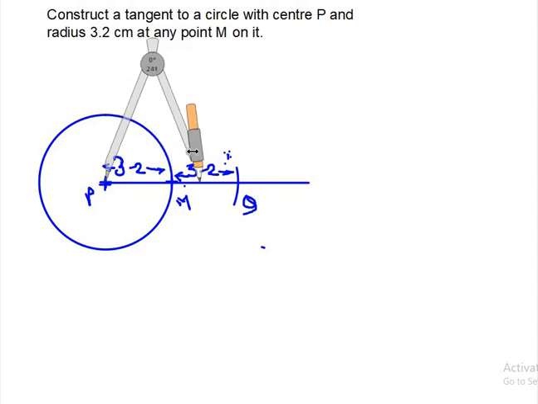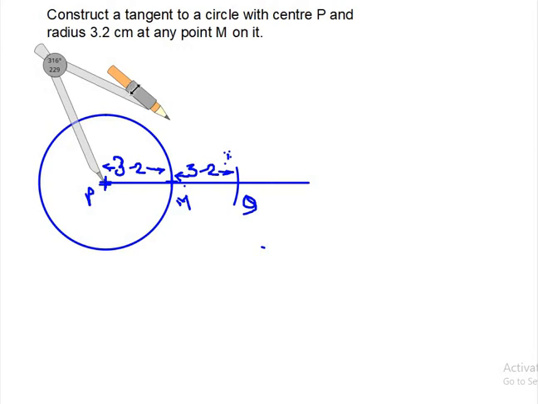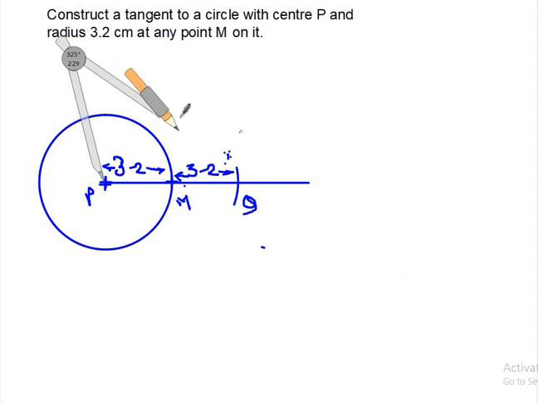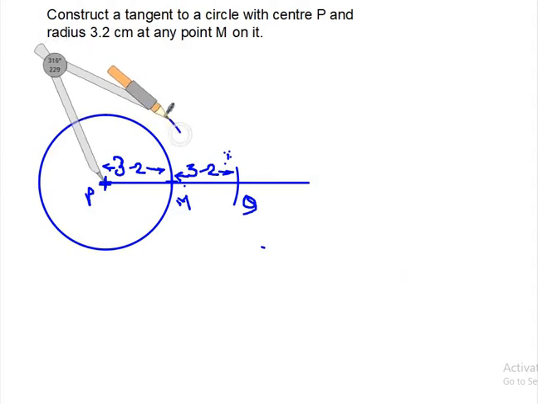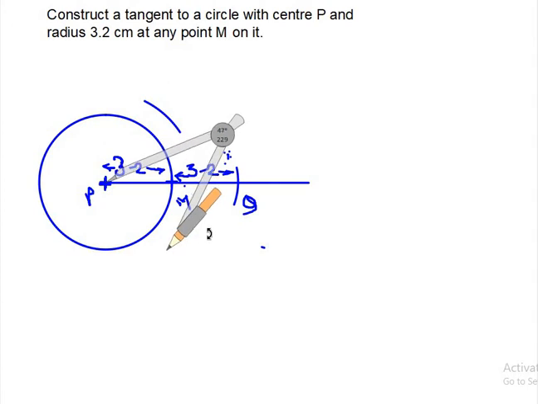Somewhere you take between M and Q, and after that take the compass exactly above point M and make an arc here. This is the first arc. Carry the same distance, don't change the distance.